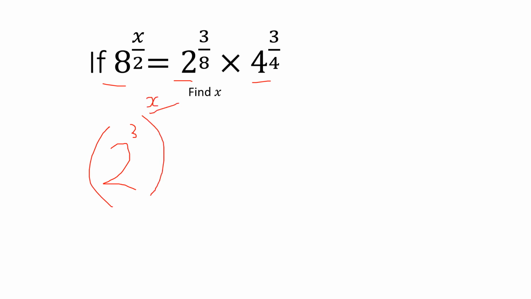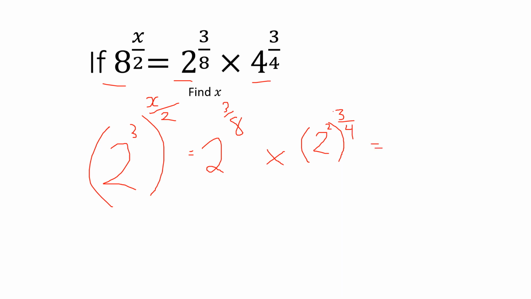That's equal to 2 to the power of 3/8. I can leave that the same because there's a power of 2 there. Then I'm going to multiply that by 4, which can be written as 2 squared, to the power of 3/4. So that's writing everything as a power of 2.